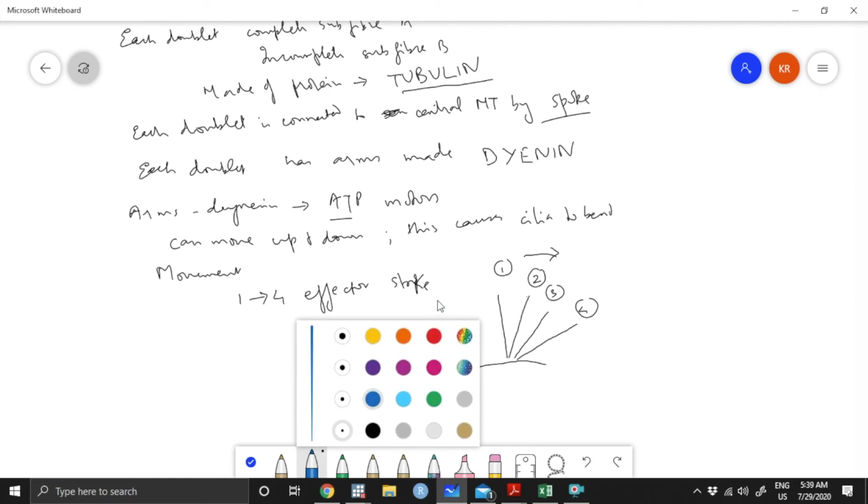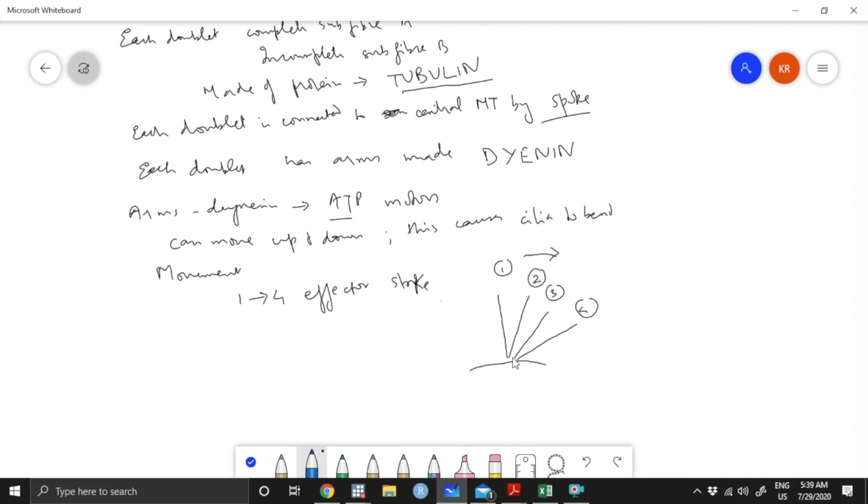And when it now comes back, 5 to 8, is called the recovery stroke.